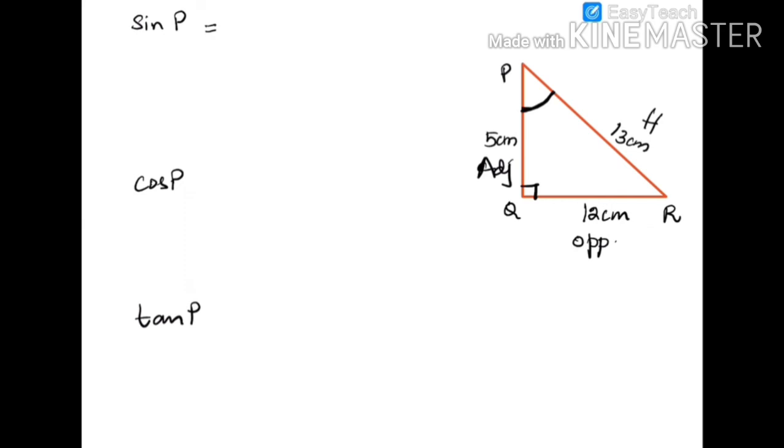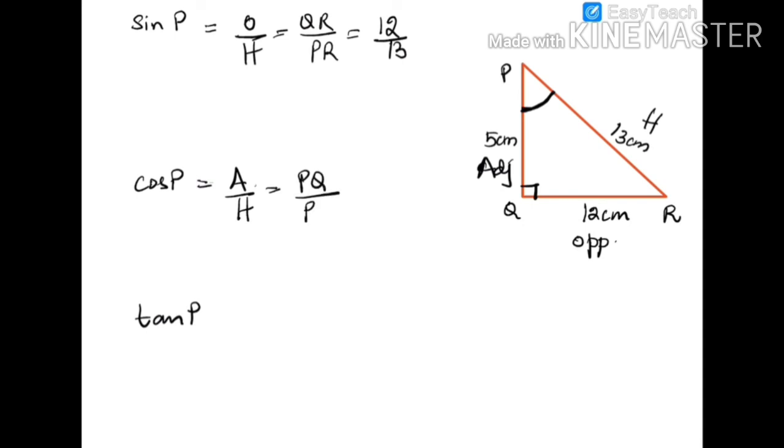So sin P is opposite upon hypotenuse, which is QR upon PR, and that will be 12 upon 13. Cos P is adjacent upon hypotenuse. So from the figure, that is PQ upon PR. Substituting the values, we get 5 upon 13.